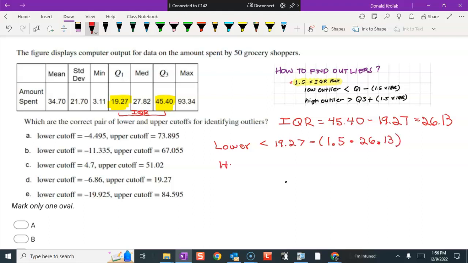And the higher or upper outlier is going to be bigger than Q3 plus 1.5 times the IQR.